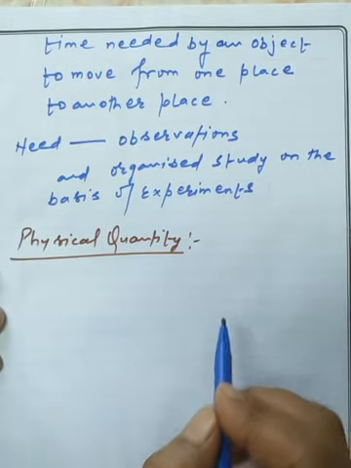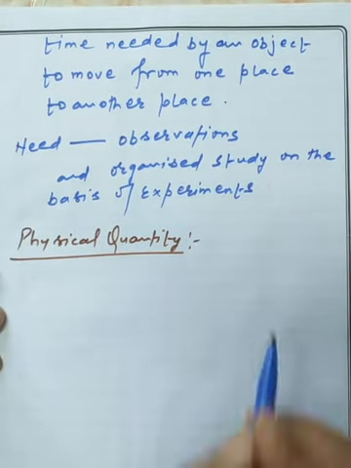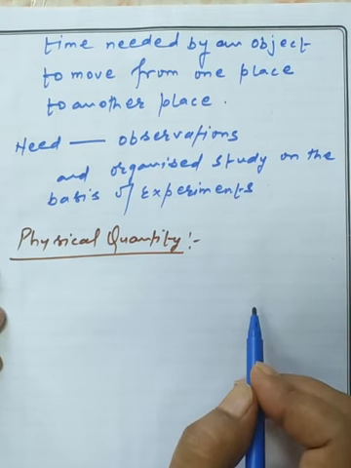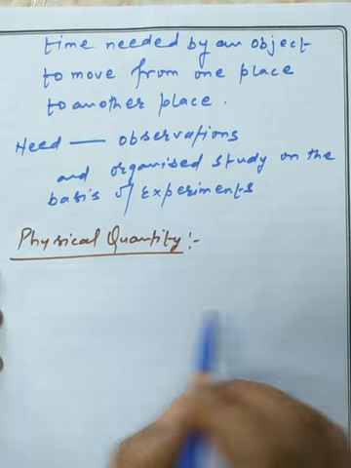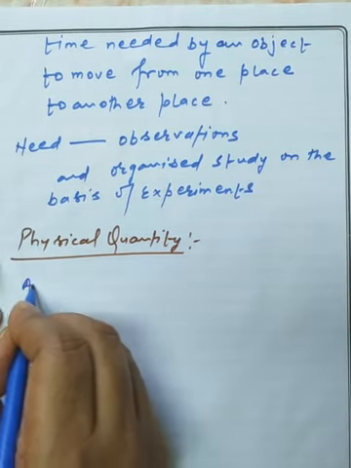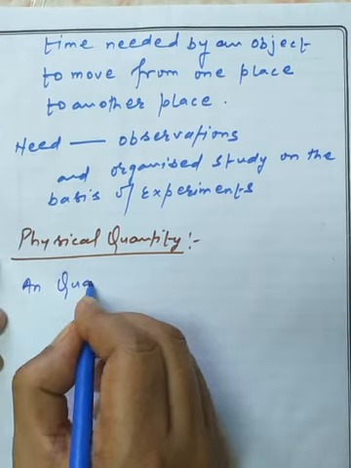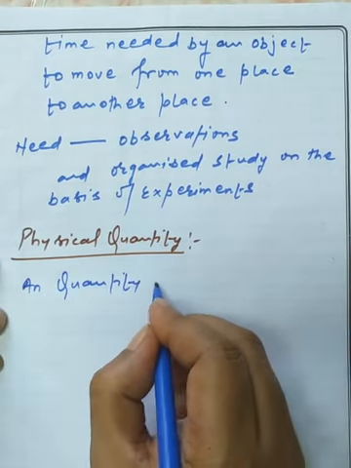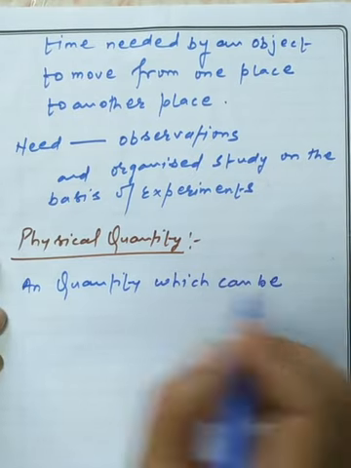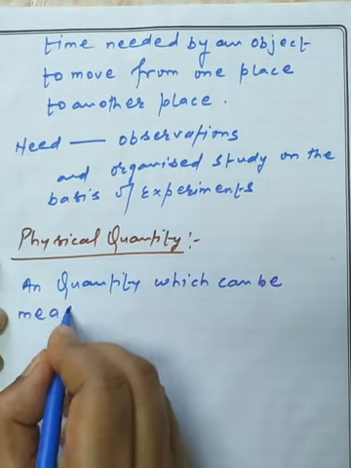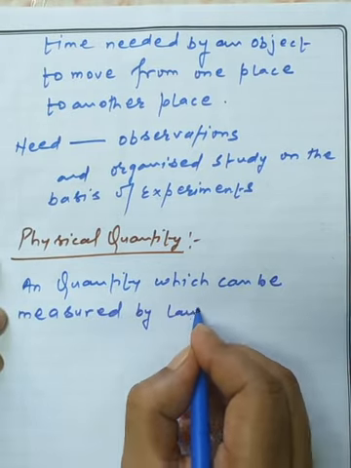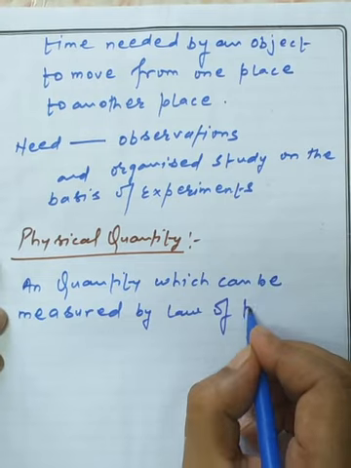So the next term we have is the physical quantity, and the simple meaning of physical quantity is any quantity which can be measured by the laws of physics. Several examples we have of physical quantities. So we can say any quantity which can be measured by law of physics.